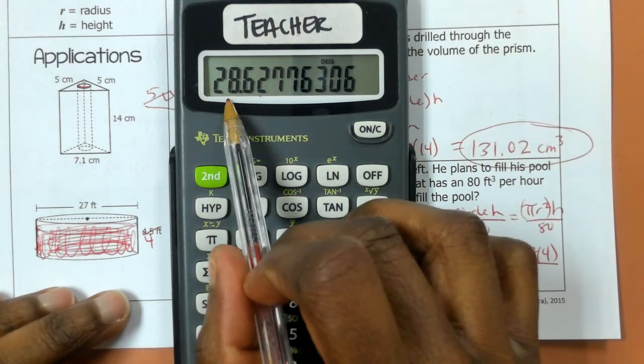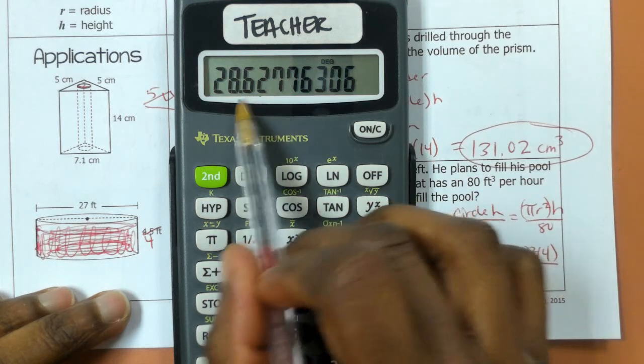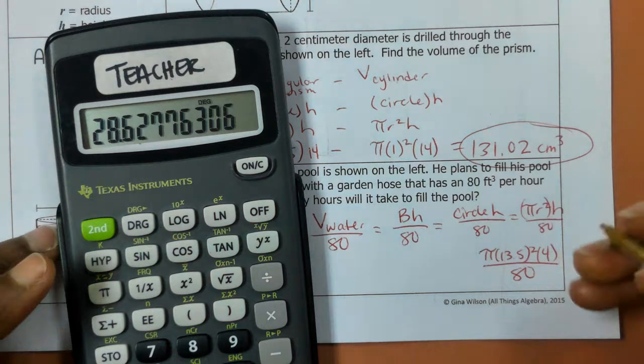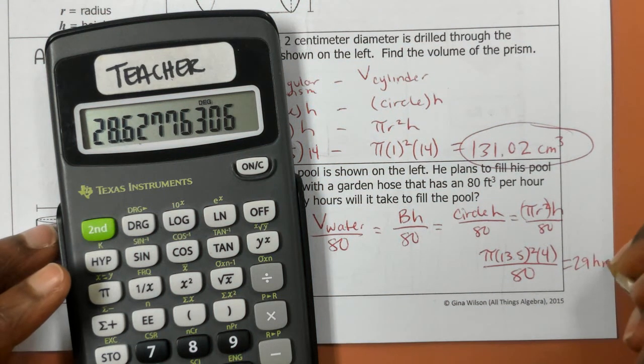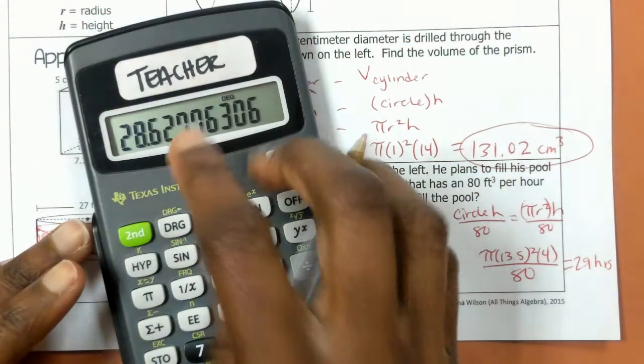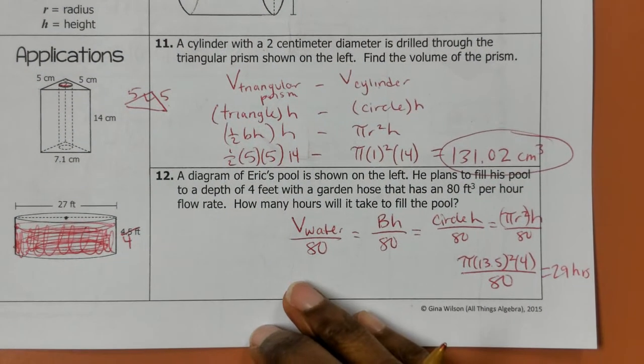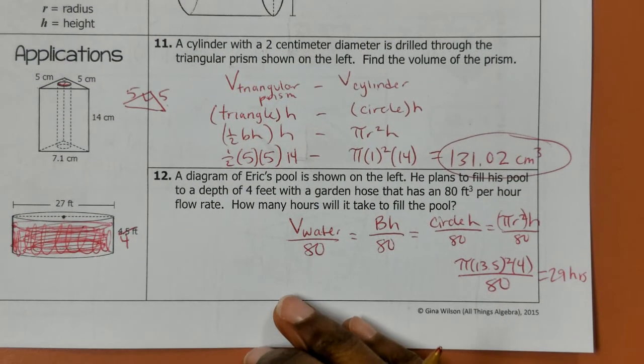So he needs about 28 hours and some change. So he needs 29 hours if we're going by the closest hour. So 29 hours, which is really 28.6 hours, but it's going to take him 29 hours to do it.